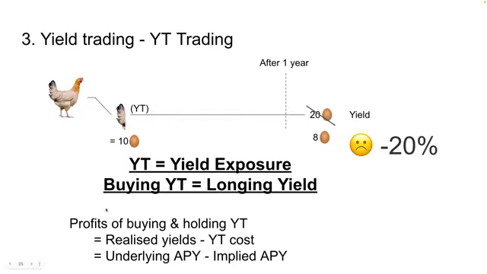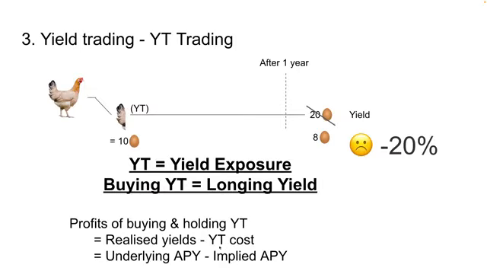And in terms of the profit for buying and holding YT, basically the 20x minus the 10x, right? It's the realized yield minus the cost for buying YT. In yield trading, the best way to look at things is in APY terms. So the yield being realized over time is basically the underlying APY.